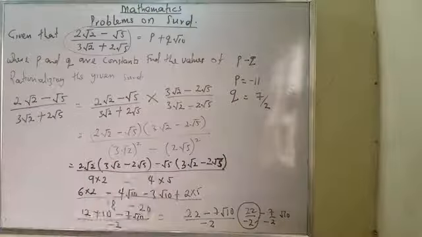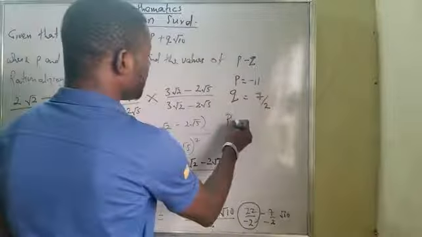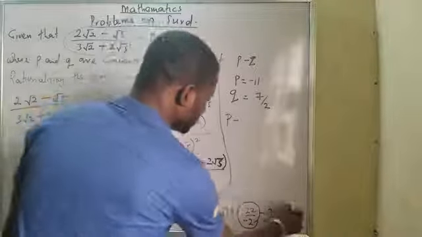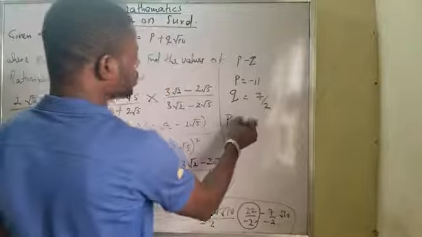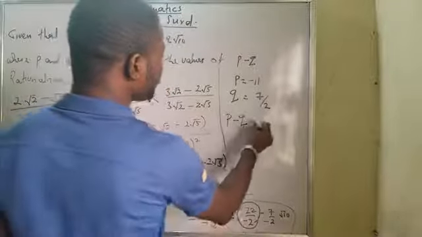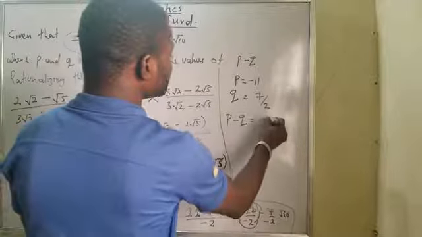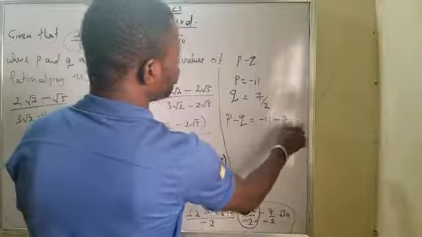Now, they ask you to find p minus q. It means p minus q will be equal to minus 11 minus 19 over 2.